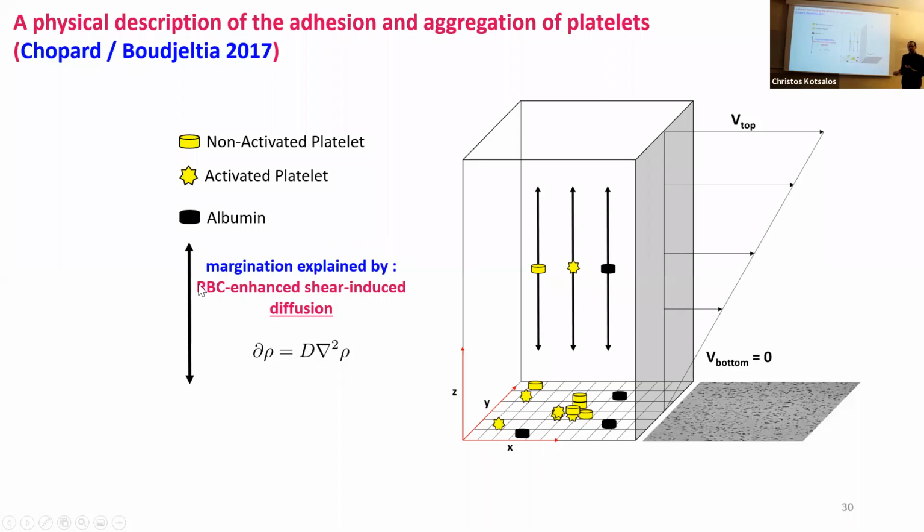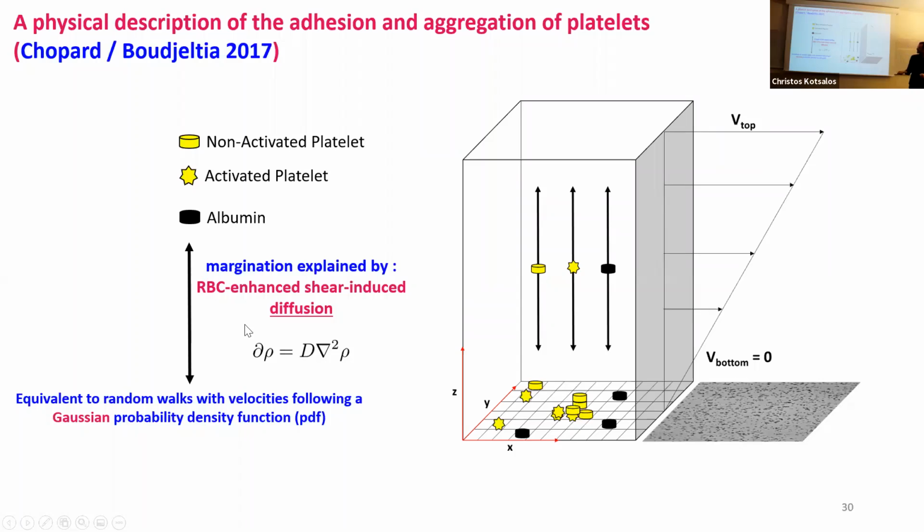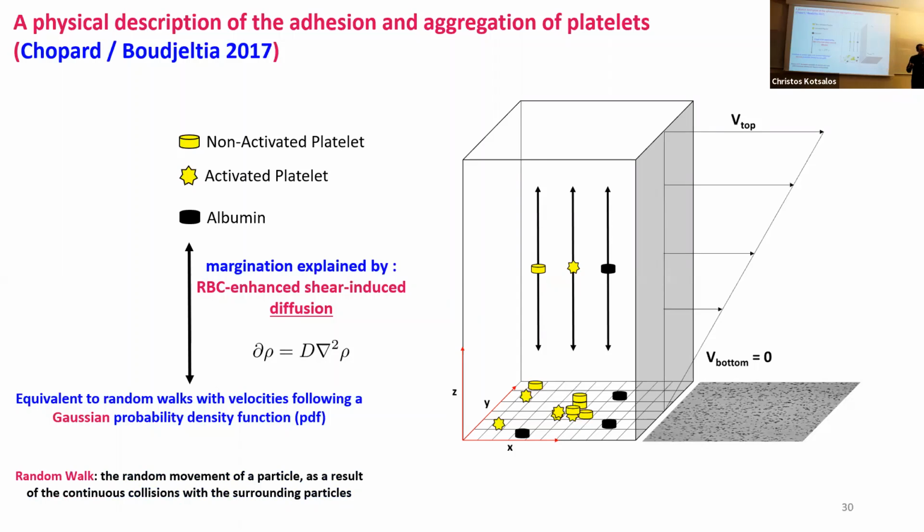This diffusion process is equivalent to random walks with velocities following a Gaussian probability density function. Let me explain: a random walk is essentially a random movement of a particle as a result of continuous collisions with the surrounding particles.